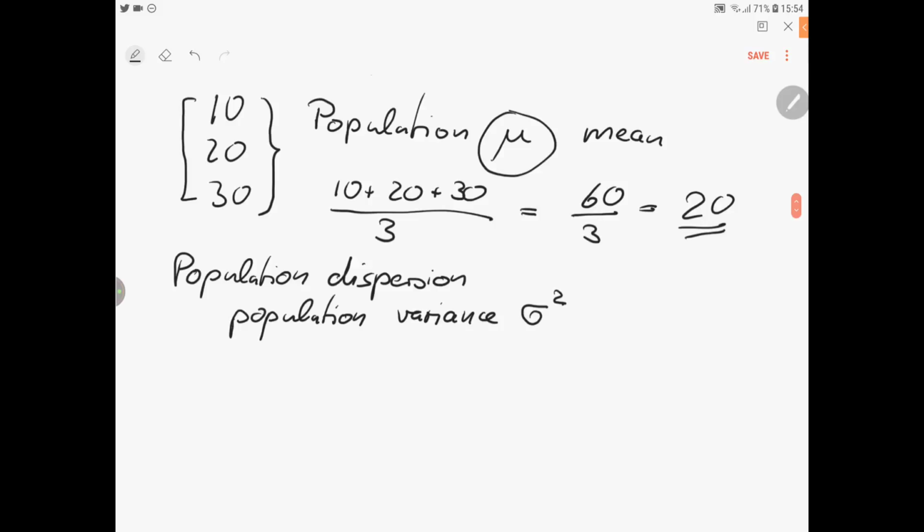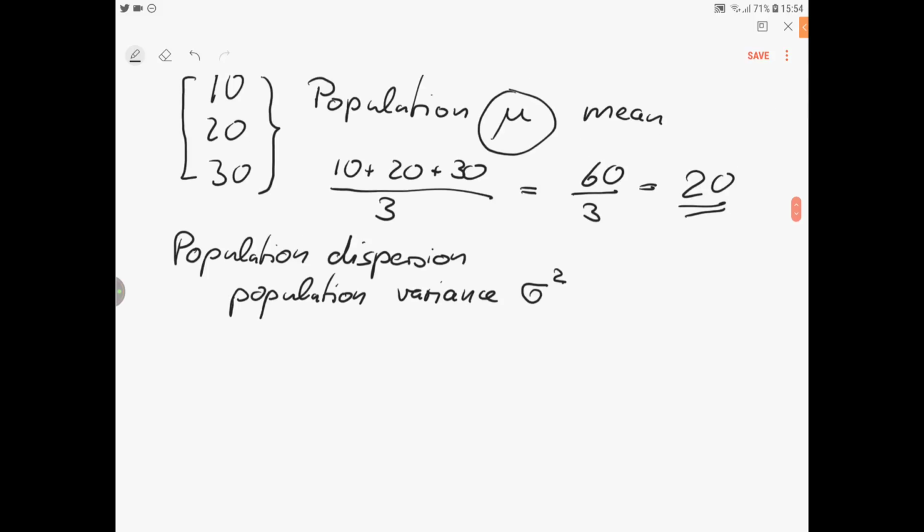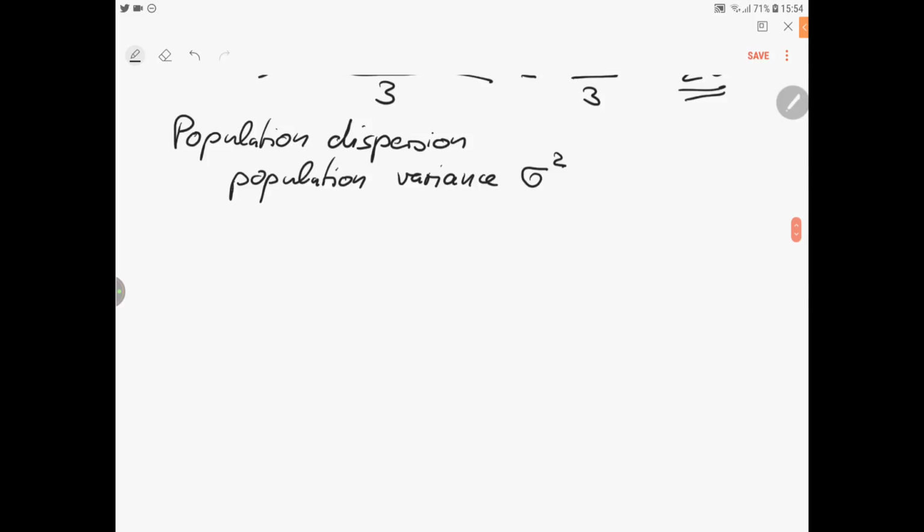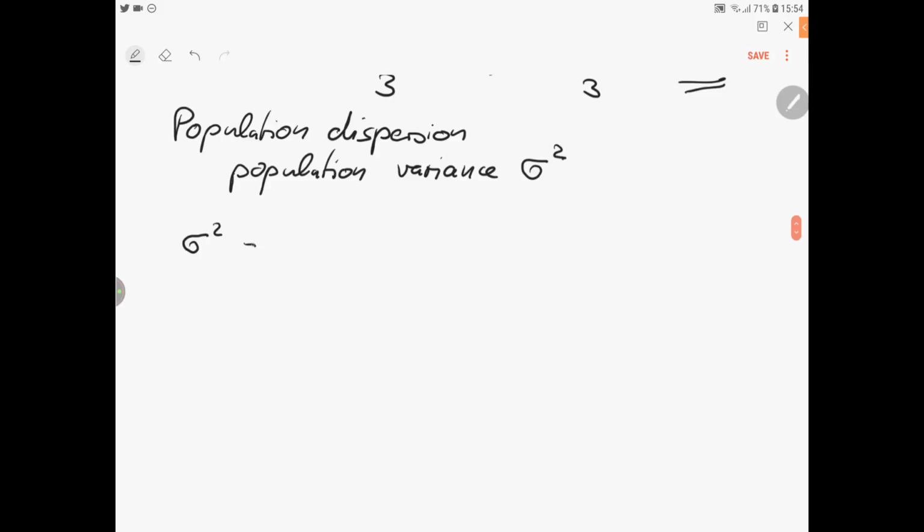And population variance is also not terribly difficult to calculate. So the general equation for the variance is, we take the sum of our data, and I abbreviate the data with xi, minus our mean. We square that, and we divide it by n, the number of counts.